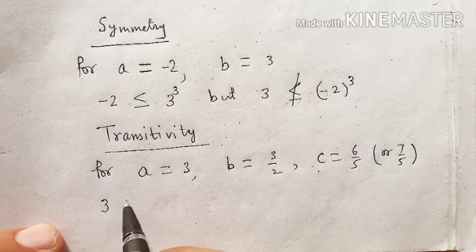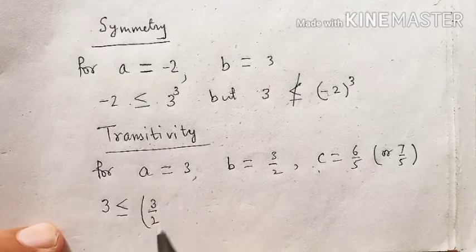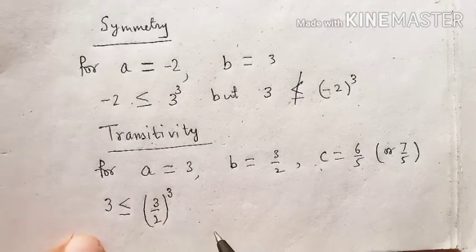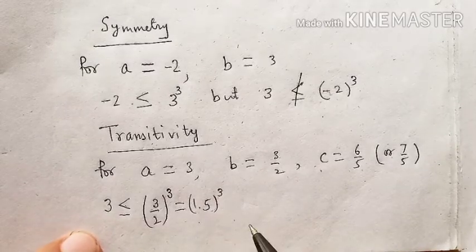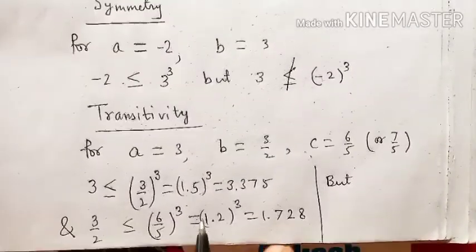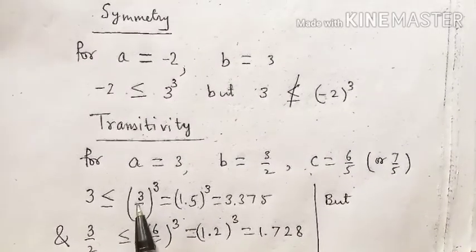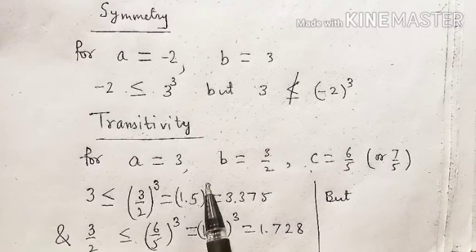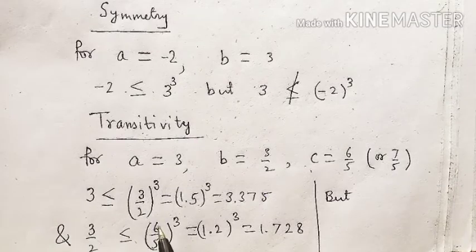Then we see that 3 is less than or equal to (3/2) whole cube, that is 1.5 whole cube, which is 3.375. 3/2, which is 1.5, is less than or equal to (6/5) whole cube, meaning 1.2 whole cube is equal to 1.728.